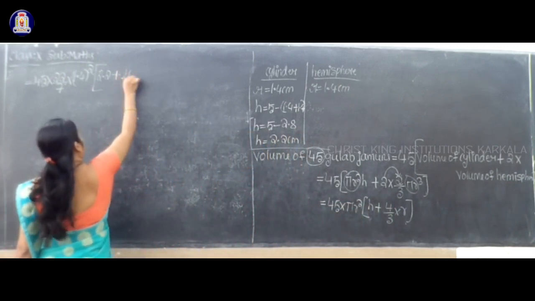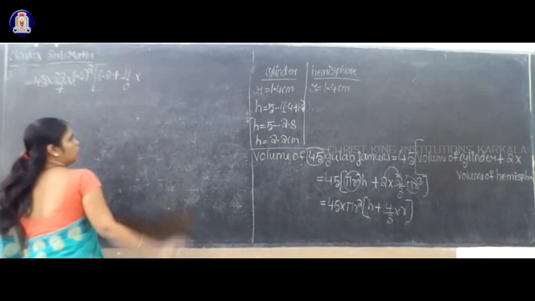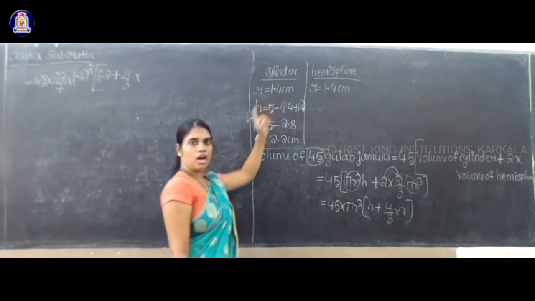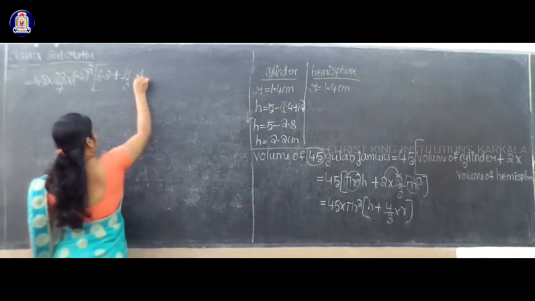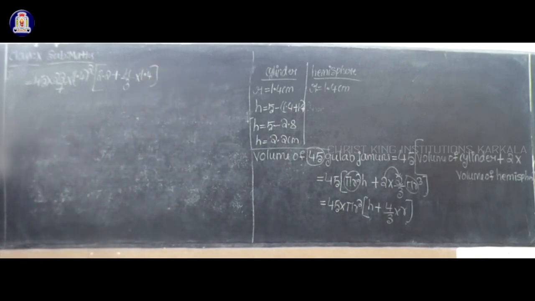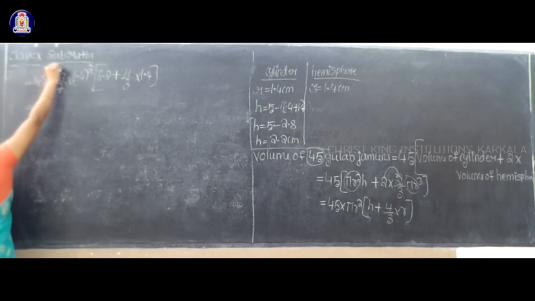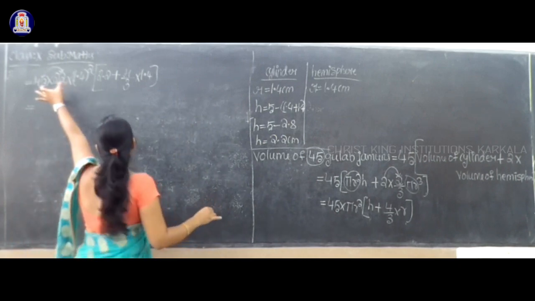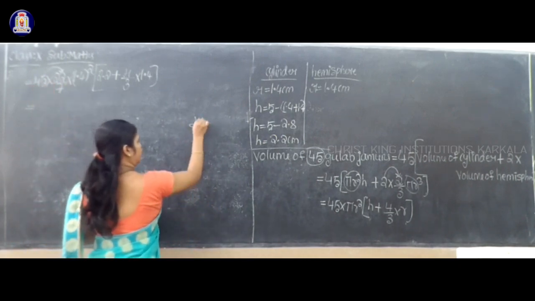Okay, what is the value of r? R is equal to 1.4. Okay, yes. So this is equal to, let's simplify now. So first multiply 45 into 22.